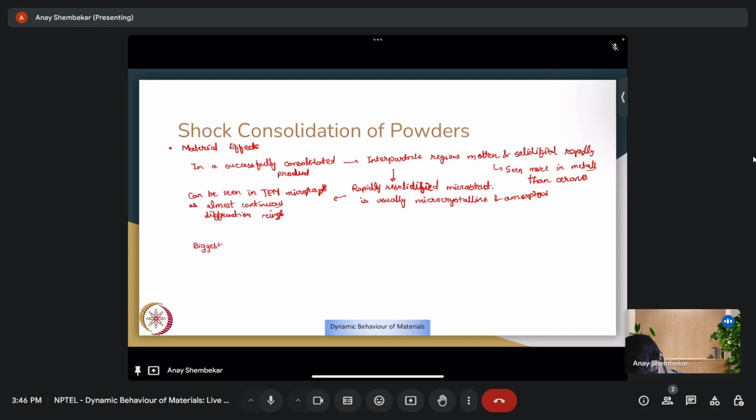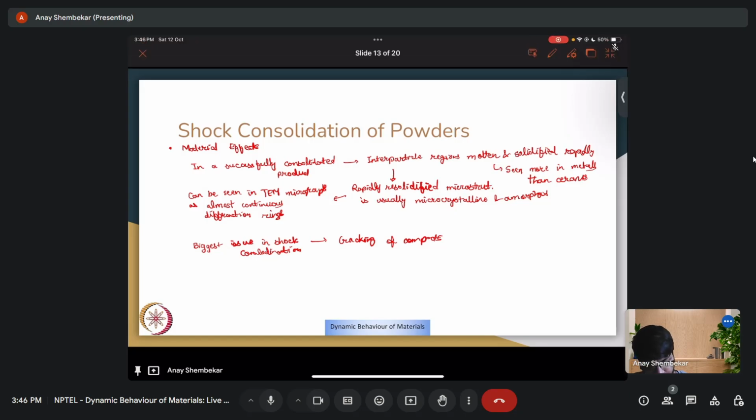Because there is a big issue in shock consolidation. It's basically cracking of compacts. So whatever powder that we are compacting, if it already breaks, then it's a bit of a problem during the shock wave loading, and as a result, you may not have a solidified unified structure.